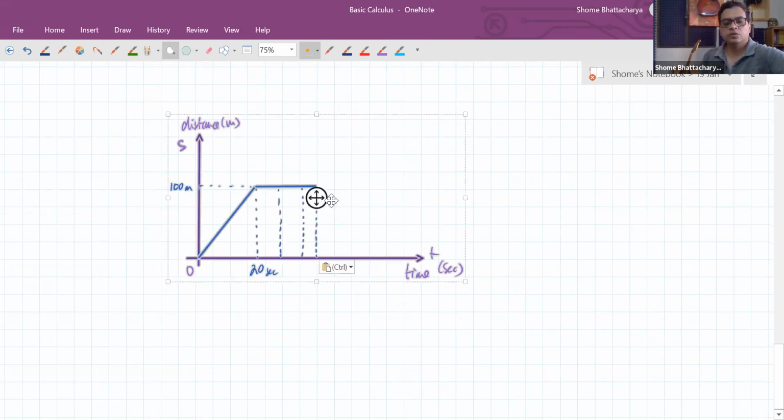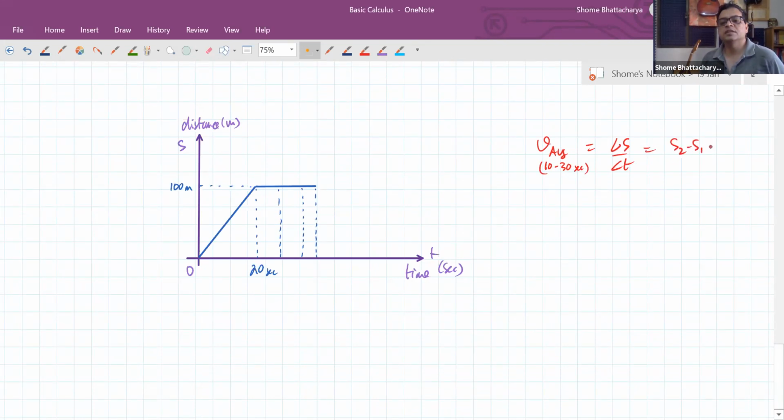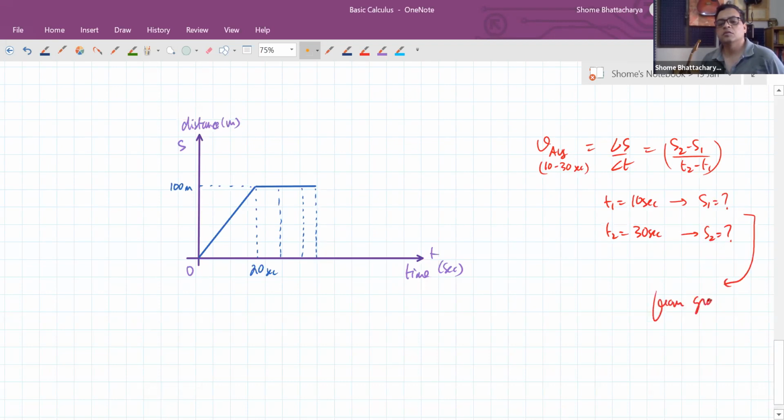So we want to calculate the average speed from 10 to 30 seconds. That should be delta s by delta t, which is (s2 minus s1) upon (t2 minus t1), where we take t1 as 10 seconds and t2 as 30 seconds. Correspondingly, we have to find s1 and s2, which we find from the graph.